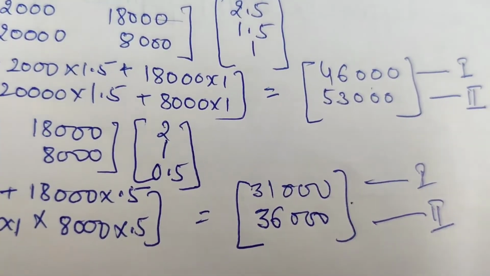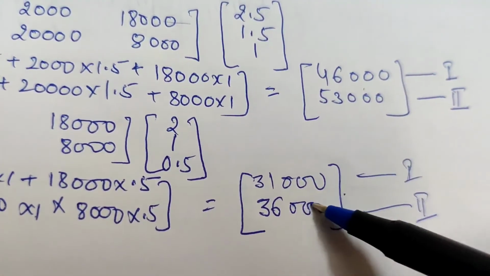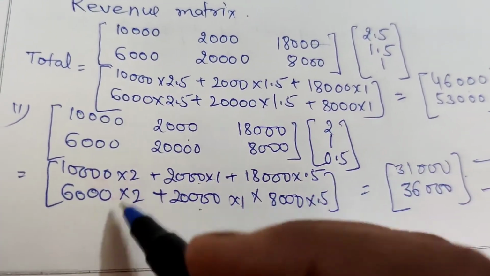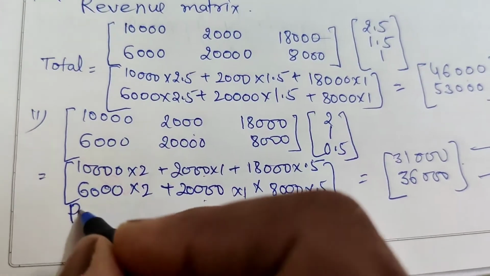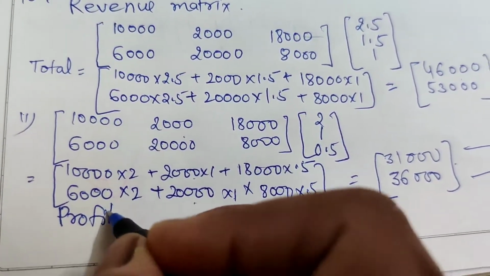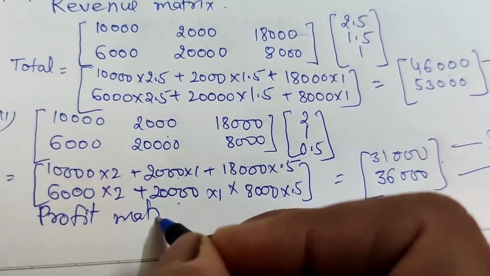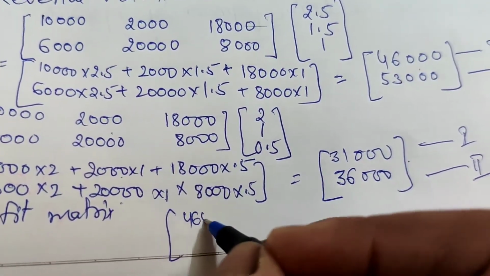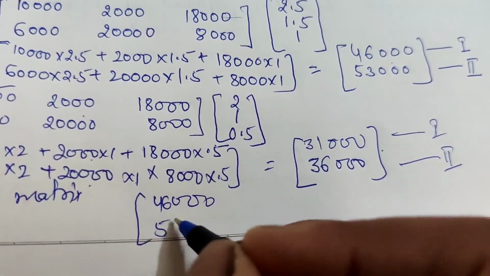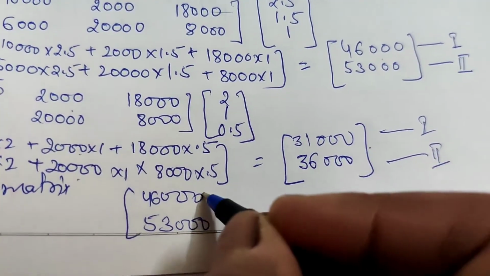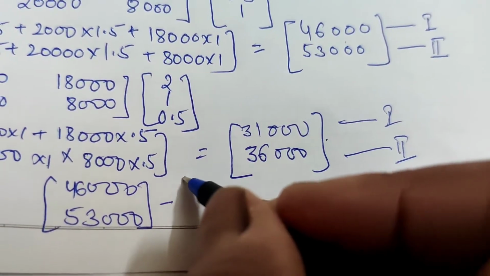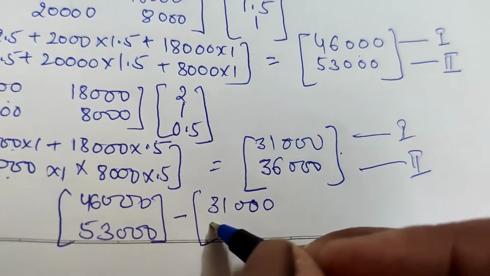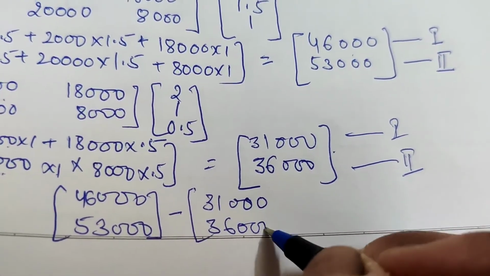Now come to the profit. This matrix minus this, we will get the profit. First matrix is profit. We can write here profit matrix. Profit matrix means 46,000, 53,000 minus 31,000 and 36,000.